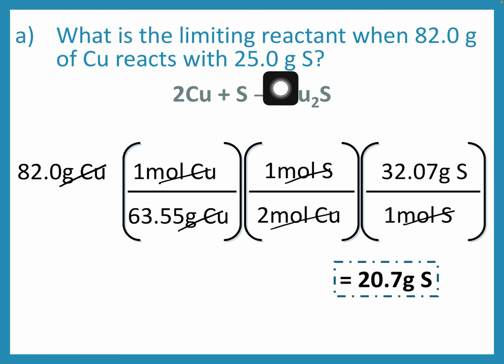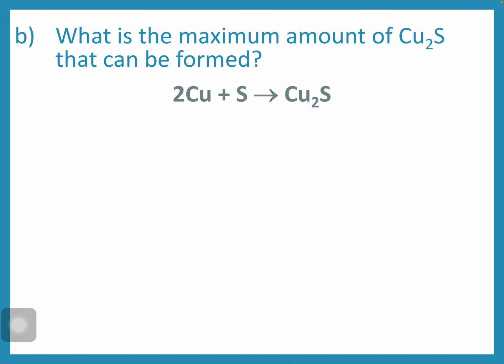And so what that means is once I've gone through the 82 grams of copper, 20.7 grams of sulfur will have been used up, which means I'm going to have some left over. So that means that copper is my limiting reactant. So that's what I need to use in my next question, where I have to calculate the amount of copper sulfide that can form.